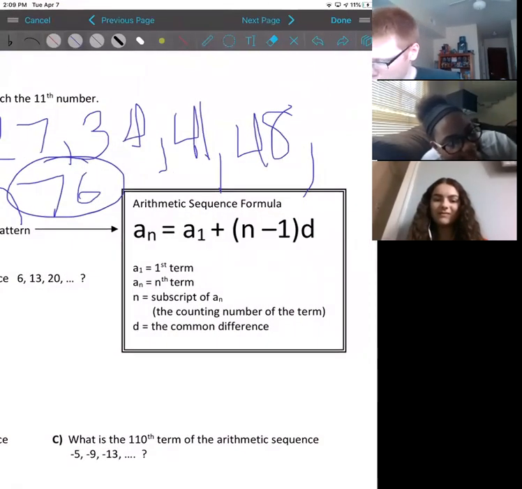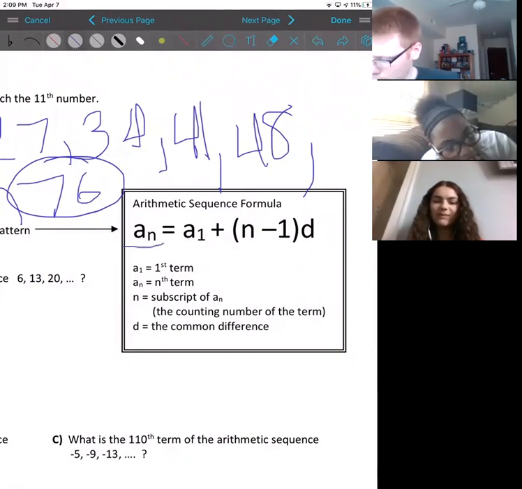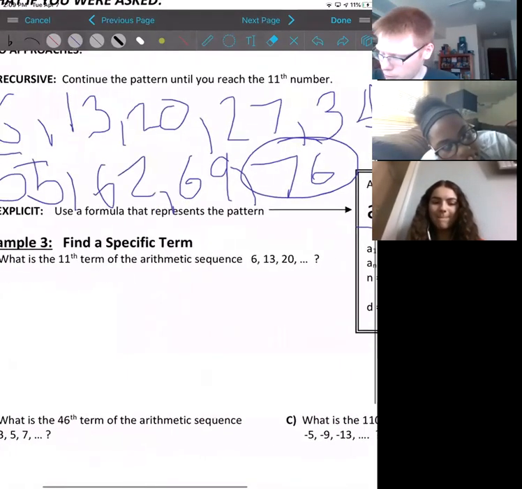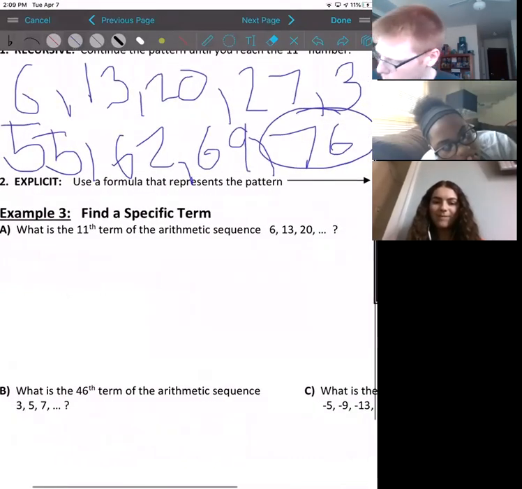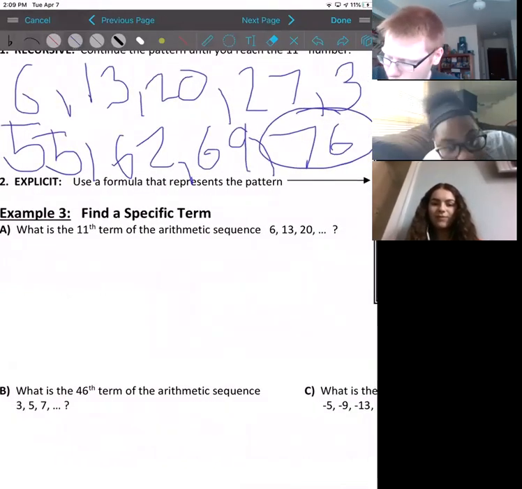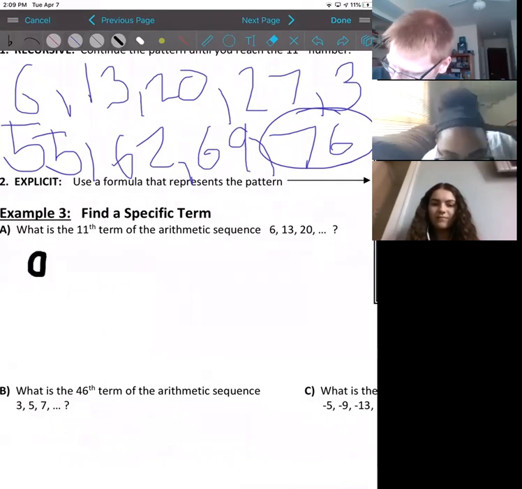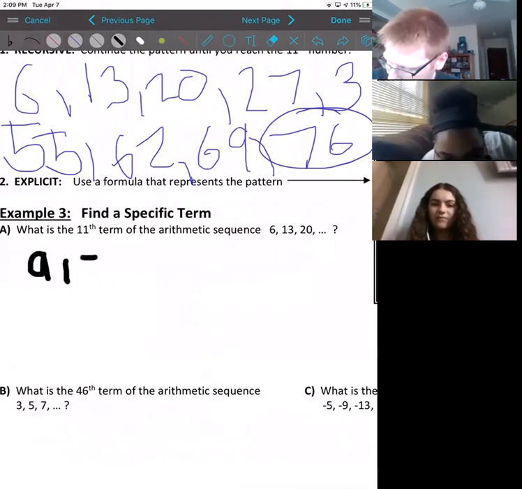Basically, if you want to find an nth term, you use the first term plus (n minus 1) times the common difference. So let's look at the same problem. When you're doing these problems, the first thing I usually do, you don't have to do it like I do, is list the information I need for that formula.